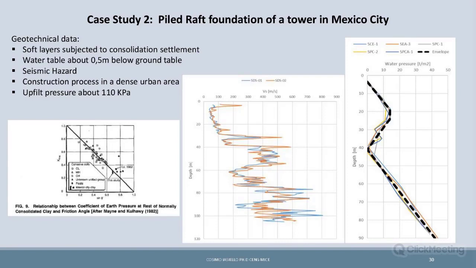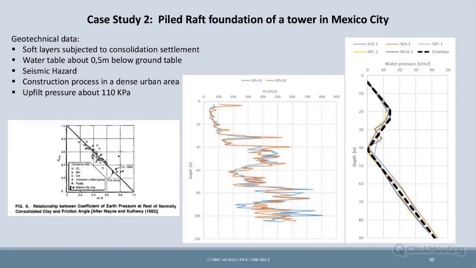This is the seismic velocity. We are at about 500, a bit more than what we have in the other case study. And this, as you can see, is the water pressure. We have an increment, and we have the layer of the clay of Mexico, and then we have the deposit, and this goes with depth.